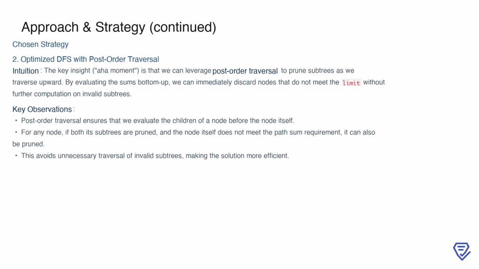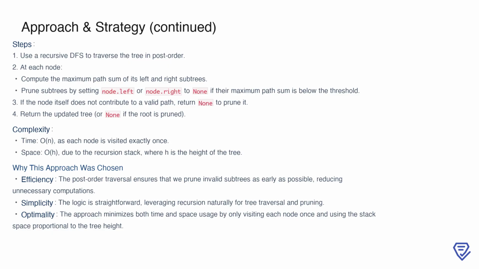To implement the optimized DFS strategy, we follow a few clear steps. First, we use a recursive DFS to traverse the tree in post-order. At each node, we compute the maximum path sum of its left and right subtrees. If the maximum path sum of a subtree is below the threshold, we prune it by setting the corresponding child pointer to None.